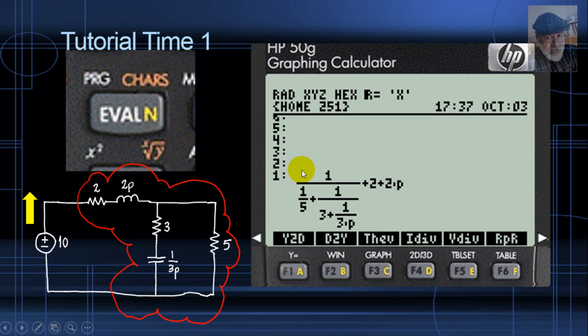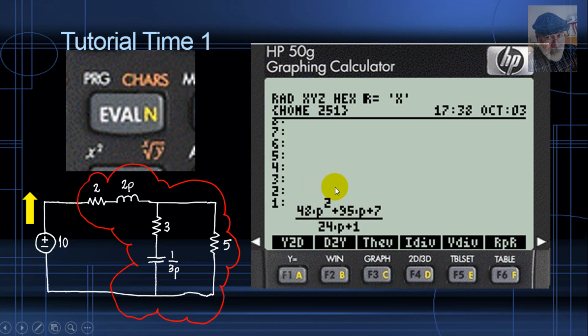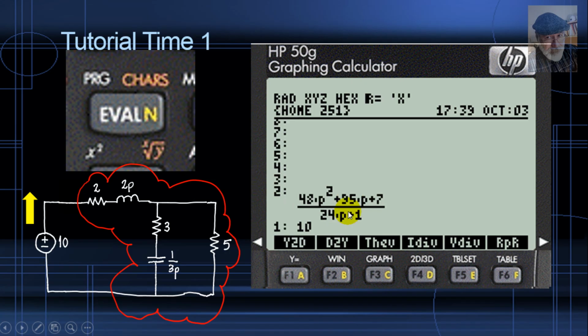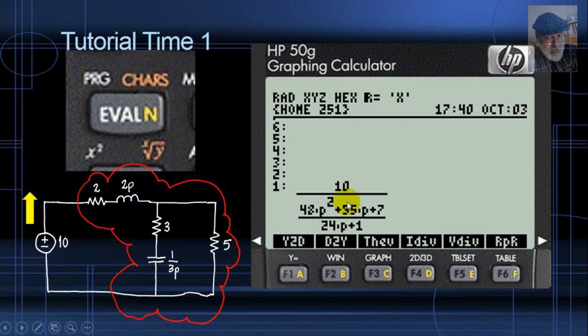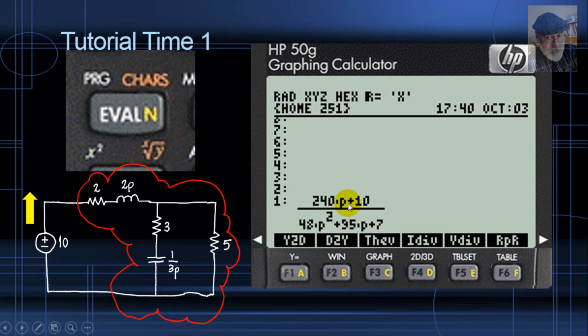With the eval key, I can simplify that expression. That is the combined impedance seen by the source. If I type 10, swap, and divide 10 volts by that impedance, I get the current. Evaluate to simplify. What I've got is the current, not really. What I have is the differential equation that when we solve, we get the current in that source.